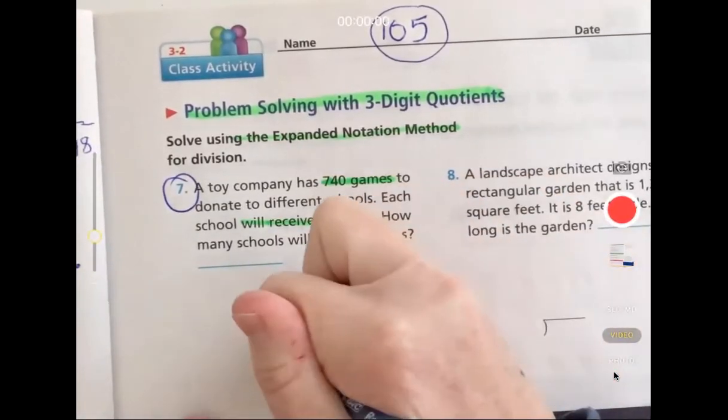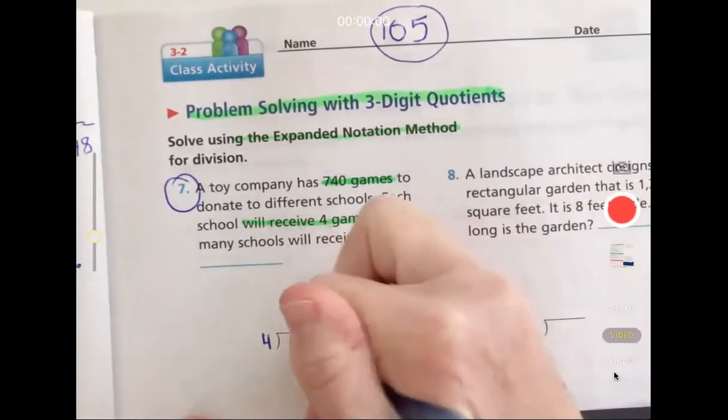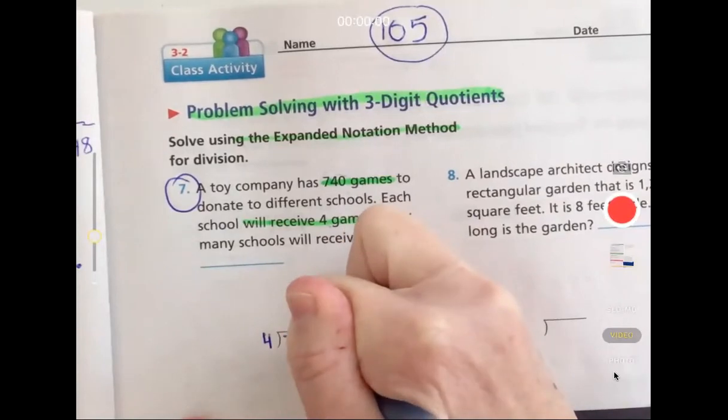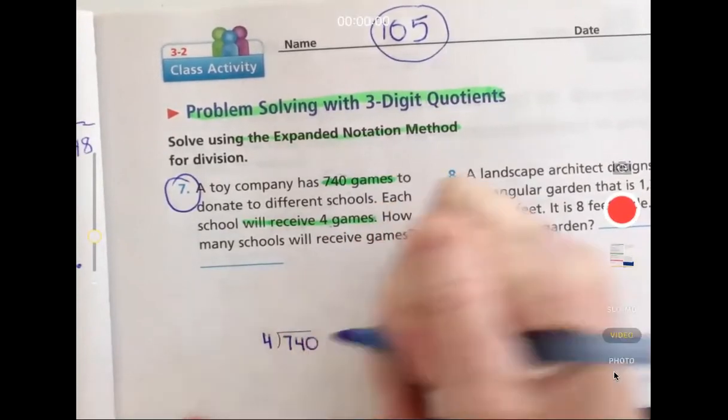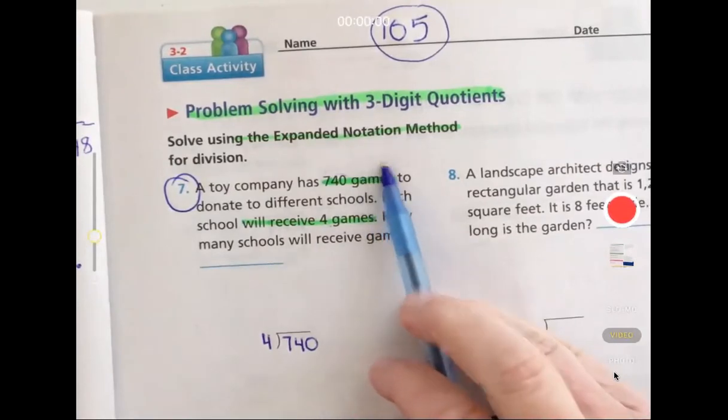So let's set this up. I've got one of my factors, that's 4, and I have my quotient, that's my answer. So remember, the total in division goes under here. So we read this, 740 divided by 4. All right, let's get to it. Expanded notation.